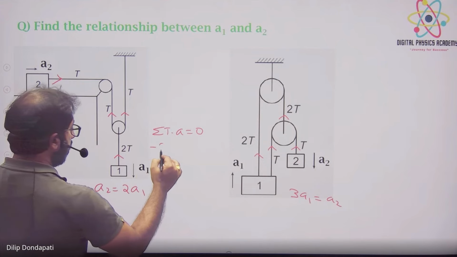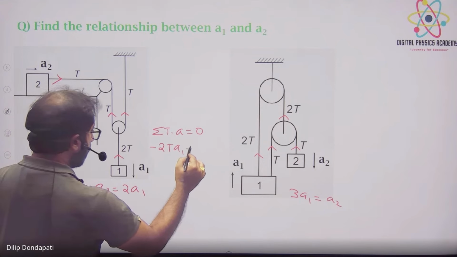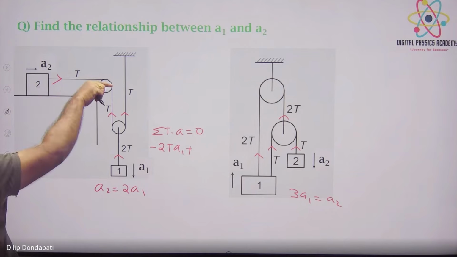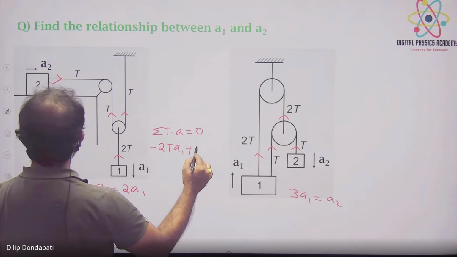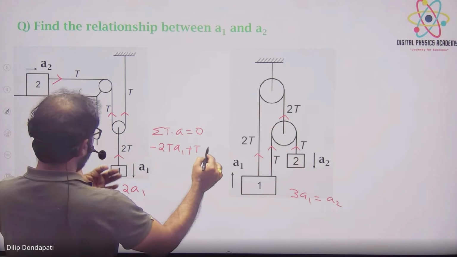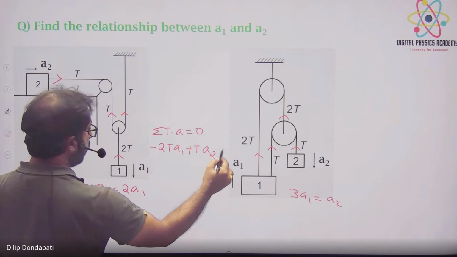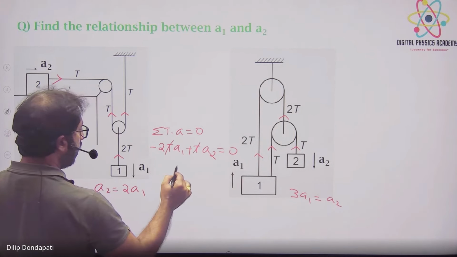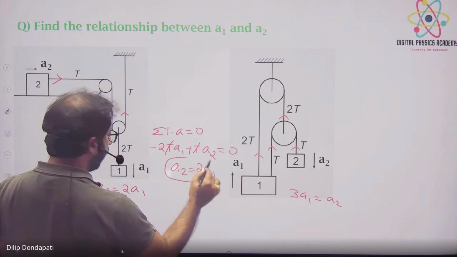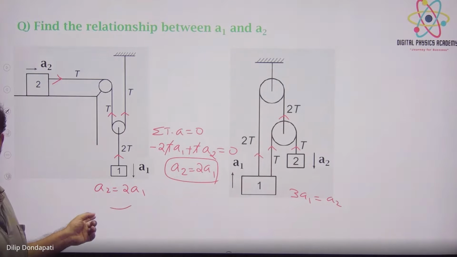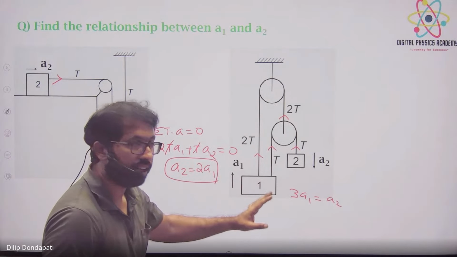So minus 2T times a1 plus, for the tension and acceleration in the same direction, plus T into a2 equal to 0. So T cancels, a2 is equal to 2a1. That is a constant relationship.